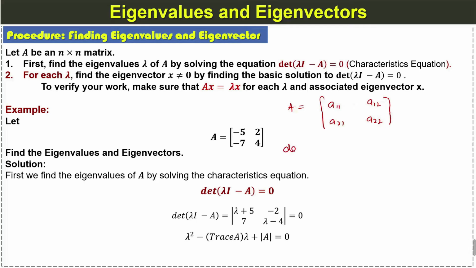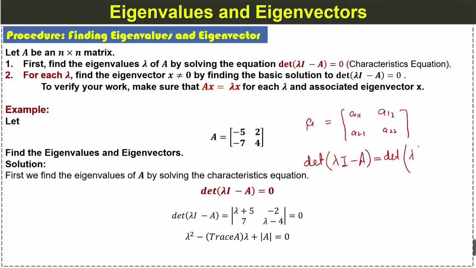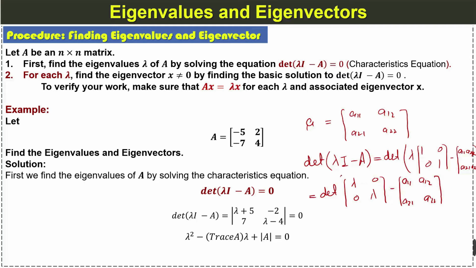The determinant of lambda times I, which is 1 0 0 1, minus this matrix A11, A12, A21, A22, will be equal to the determinant of lambda 0 0 lambda minus the matrix A11, A12, A21, A22.